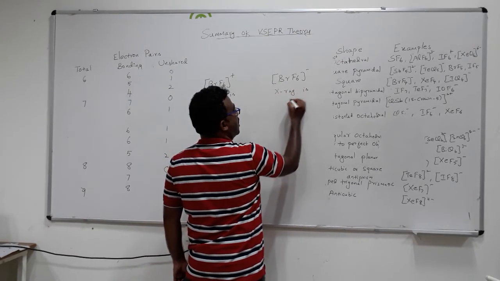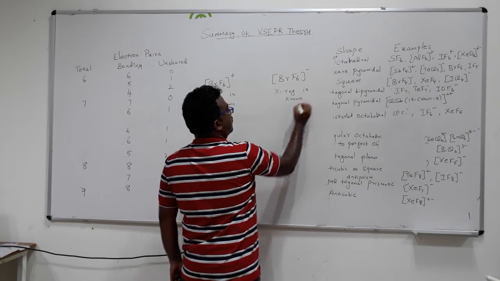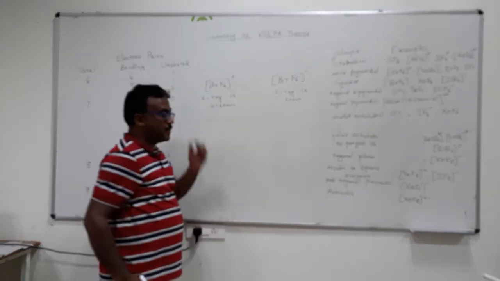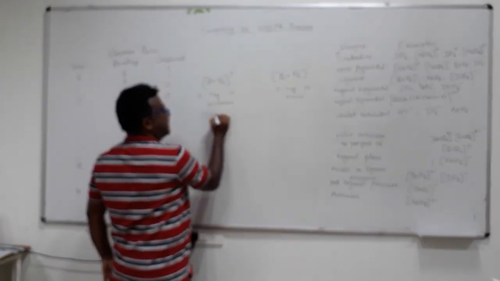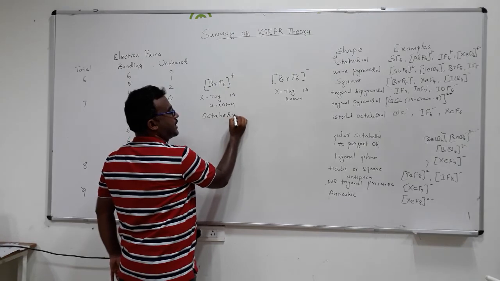The X-ray structure is known for this one. In this molecule, because the structure is not known, it may have an octahedral geometry.